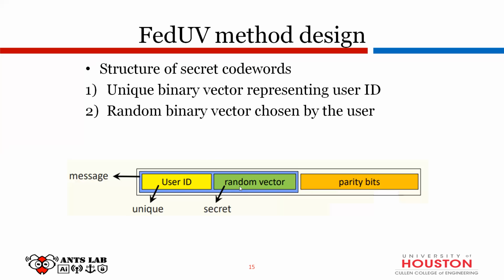This is because it's a random vector plus the user ID, a combination of both properties. So it has its own characteristic or tendency because of the user, and it also adds randomness to the vector.